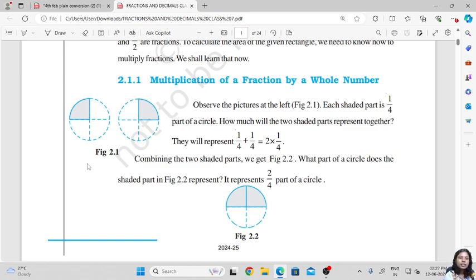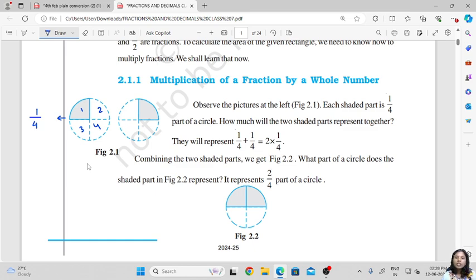It has a total of 1, 2, 3 and 4 parts. Out of this, how many parts are shaded? 1. And how many total parts are there? 4. So that is how each shaded part is 1/4 of the whole circle.